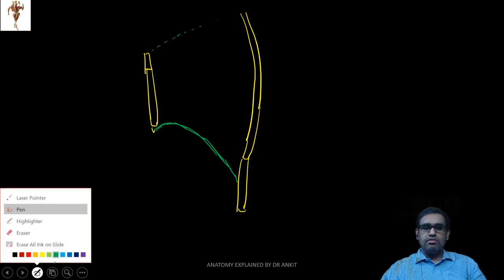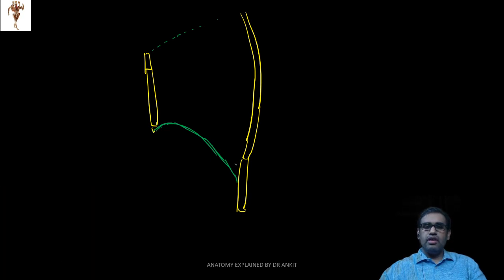The azygous system is present on the posterior part, and both the azygous and the hemiazygous veins ascend, pass through the diaphragm, and run on the posterior part. So their relation in the mediastinum is that they lie in the posterior mediastinum. Then they reach around the level of the sternal angle.